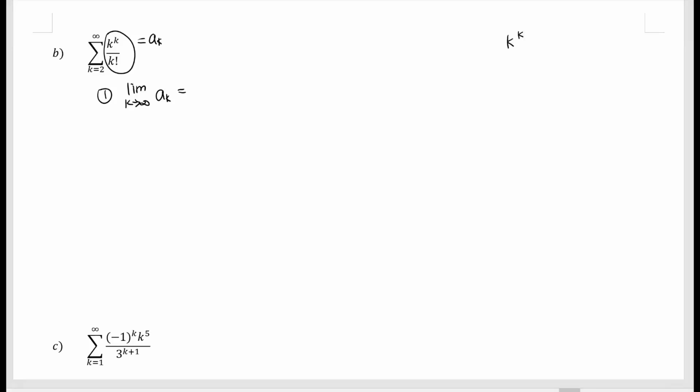We have k to the k, that's the fastest. Then k factorial. So actually the numerator grows faster, and then what happened? Oh, this quotient just goes to infinity, right? So here we can say diverges by divergence test.